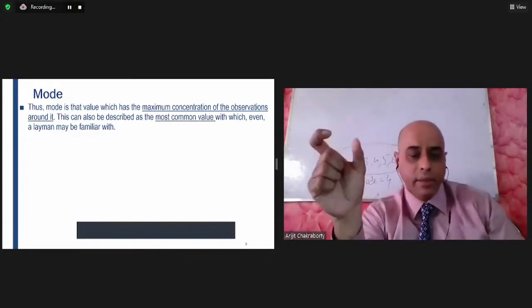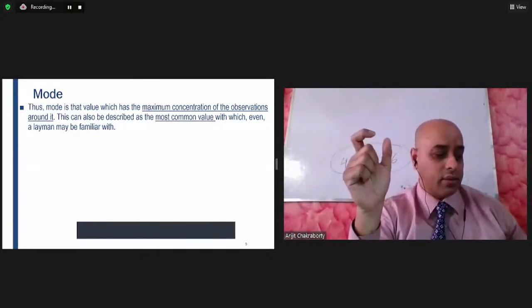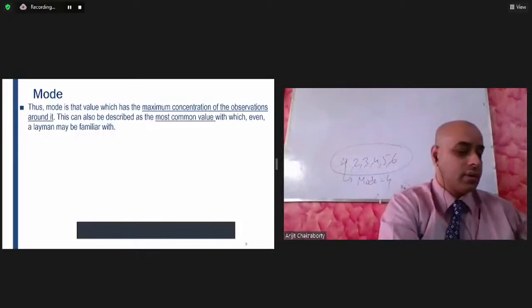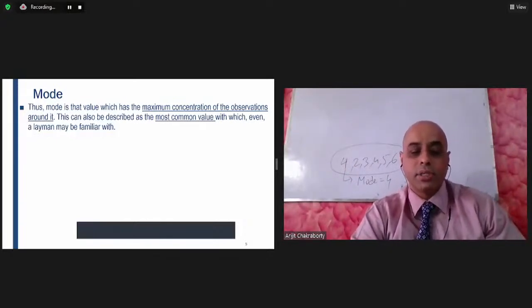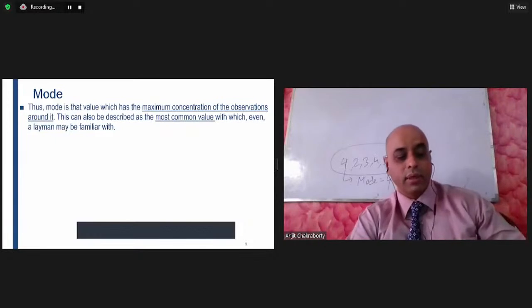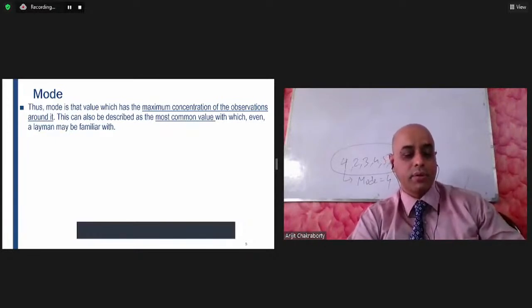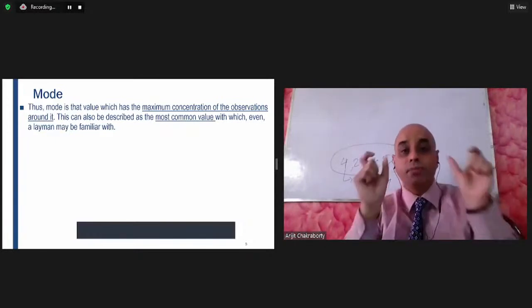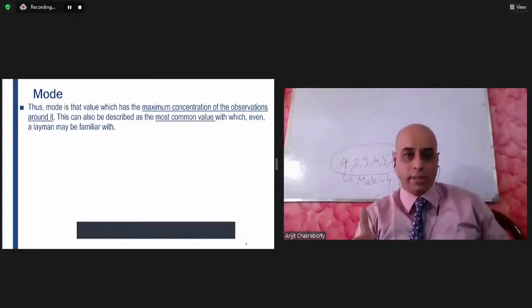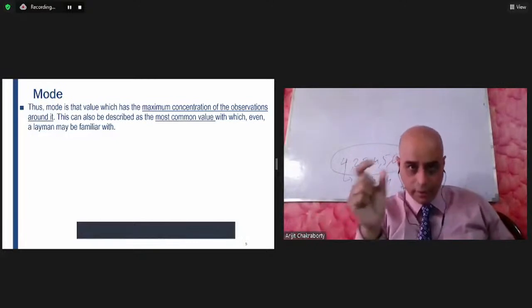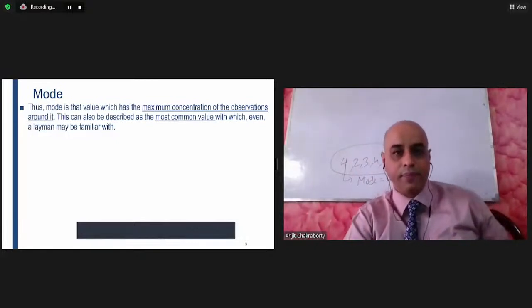Like median is nothing but a positional value, right? There's one comment which has come from Priyanka: yes, median is concerned with position values, that's why the size of the values doesn't affect it. Absolutely, you are correct. So median is a positional value, the midpoint, the middle numbers.